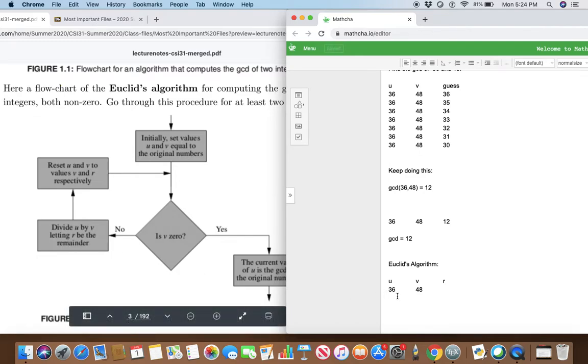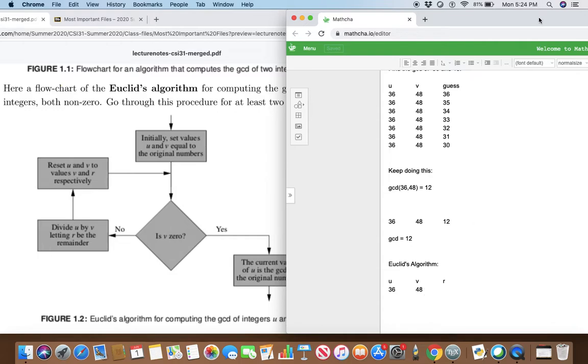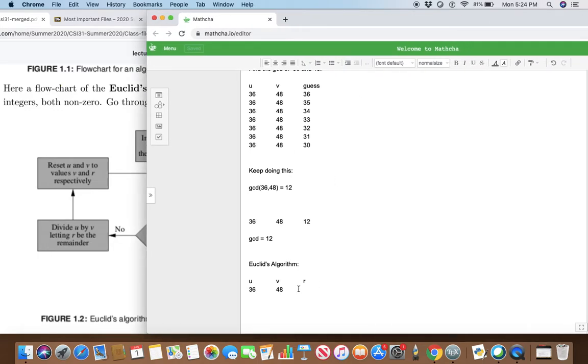So I'm going to divide u by v. Do you understand what that means? It means, let's do this some distance away. I'm going to divide 36 by 48. Okay.